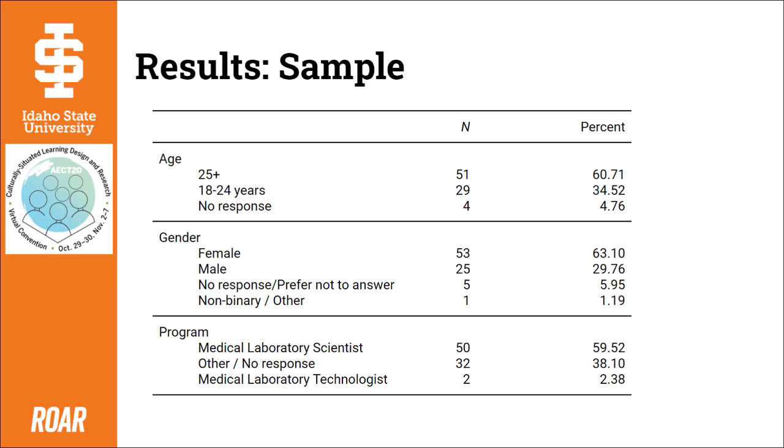And most of the participants, just under 60%, were medical lab scientists or medical lab technologists, and that group, putting those 2 groups together, gave us a little under 62%. Now, each of the N's in this case represent 84 as a total, which is the number of people who began the training in the study, not the number of completers.